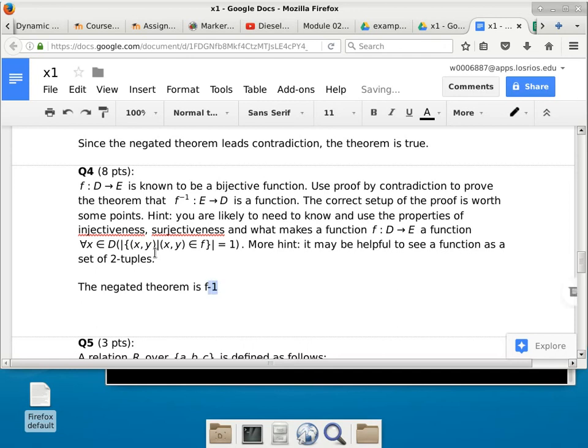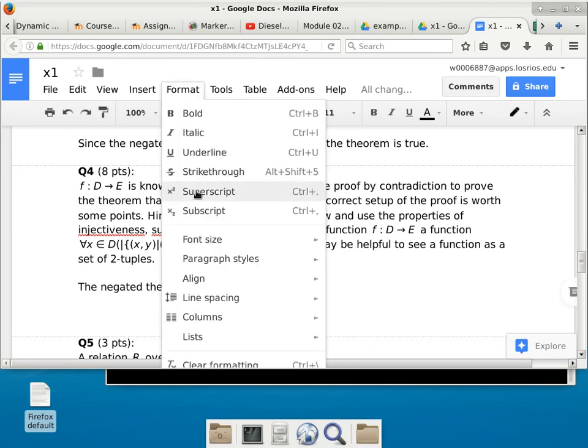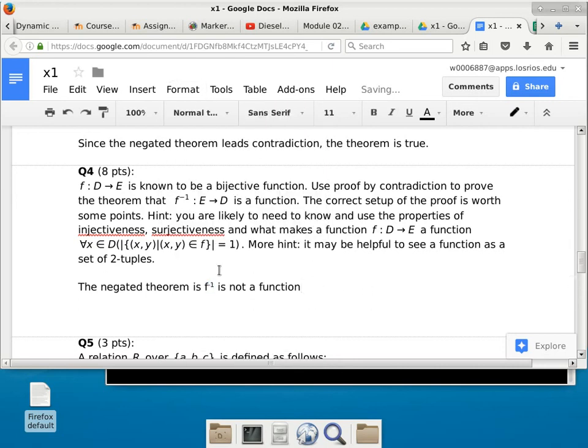Okay, so once again, this is harder for me to type than it is for you to write. You need a superscript here. Format, superscript, control plus dot. Okay, and that's it. The negated theorem is that simple. F inverse is not a function.